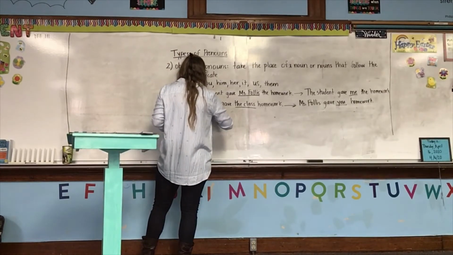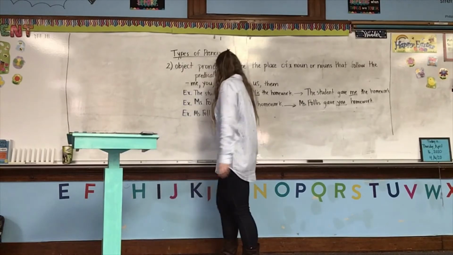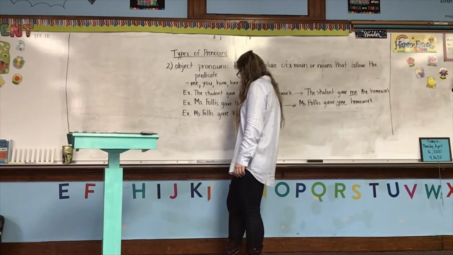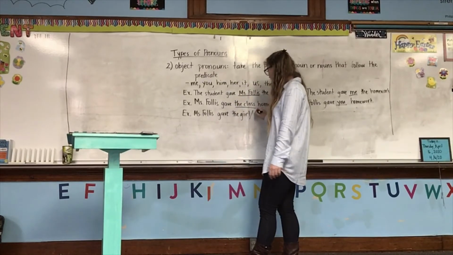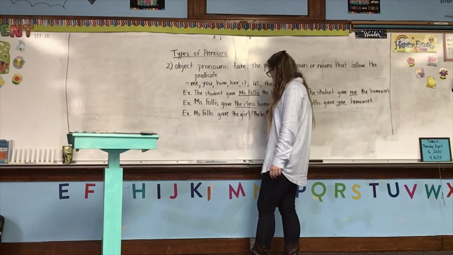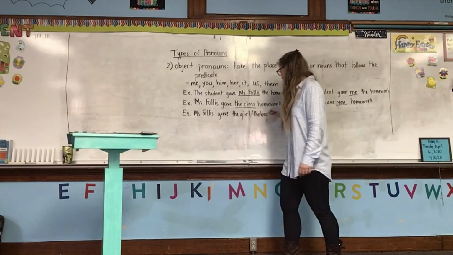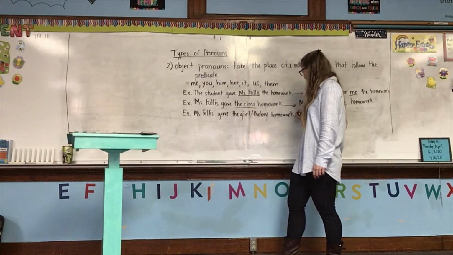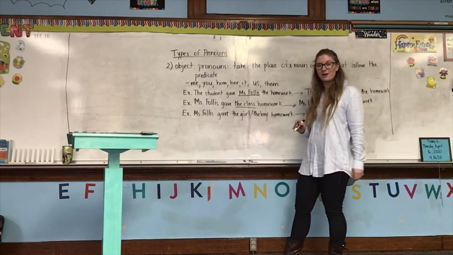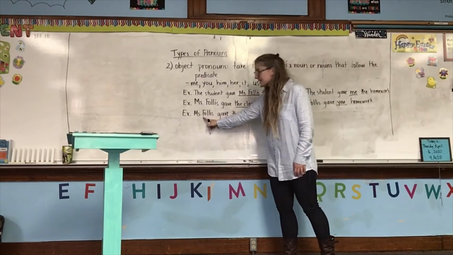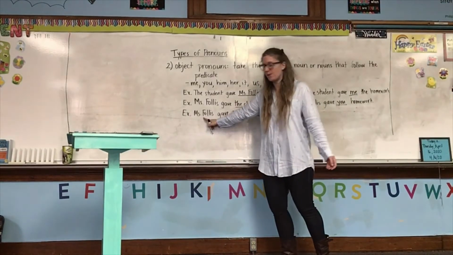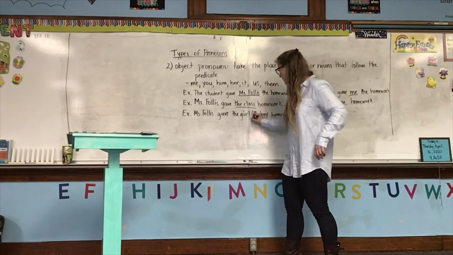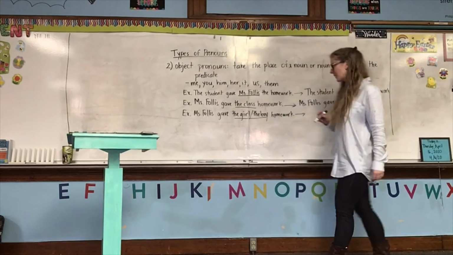Now him and her. Miss Folis gave the girl or gave the boy homework. Okay, so I'm talking about object pronouns, so I'm not going to replace the subject of my sentence, which is Miss Folis. I have my predicate gave, and then I have the noun that comes after the predicate.